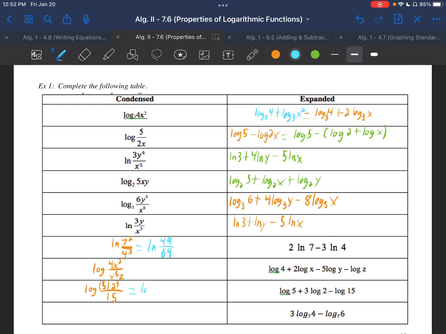So here we could do the same thing and say 5 times 2 times 2 times 2. So 5 times 2 cubed, 5 times 8 is 40 over 15. And that can reduce, so you'd reduce it to log of 8 over 3.